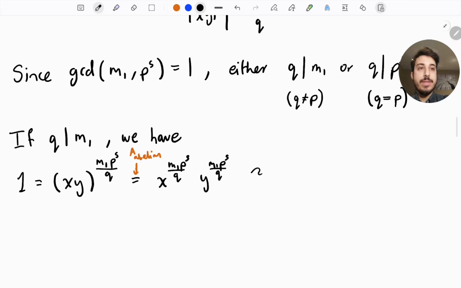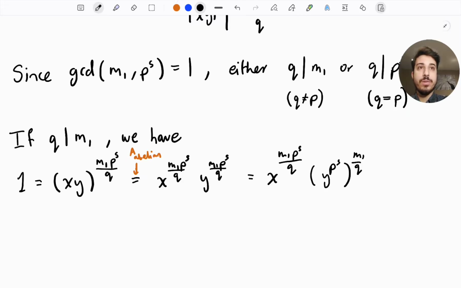So this is equal to x to the m1 p to the s over q times y to the p to the s, to the m1 over q. The reason I isolated the p to the s is because we know that the order of y is equal to p to the s.